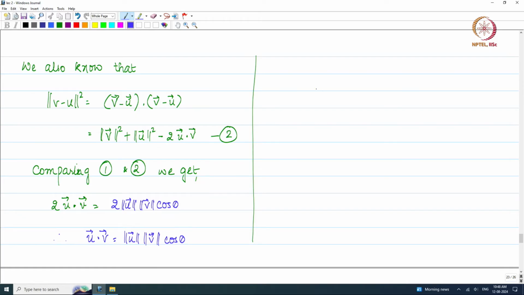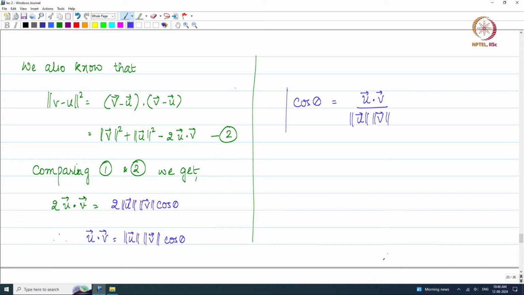From there, the cosine of the angle between the two vectors u and v is cos theta equal to u dot v divided by the product of the lengths of the two vectors u and v.